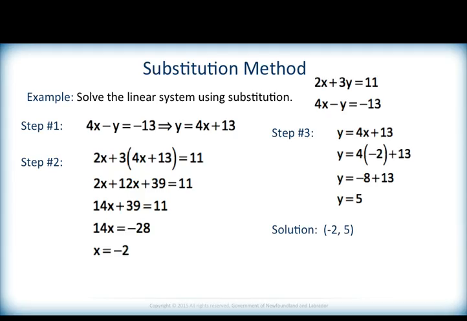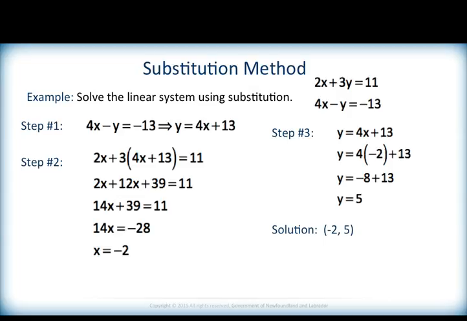So given the linear system, 2x plus 3y equals 11, and 4x subtract y equals negative 13. So you need to choose either the top equation or the second equation to rearrange for a variable. Keeping in mind one of the statements that was in the previous slide that said that the substitution method was efficient if there was a term with a coefficient of 1. So we always look for that first before we decide what equation to use.